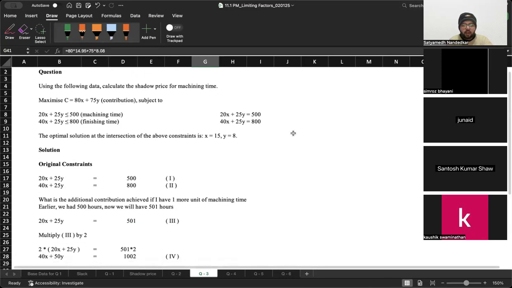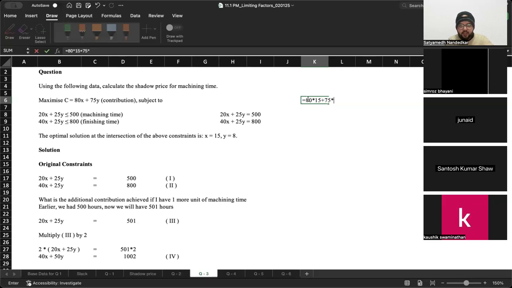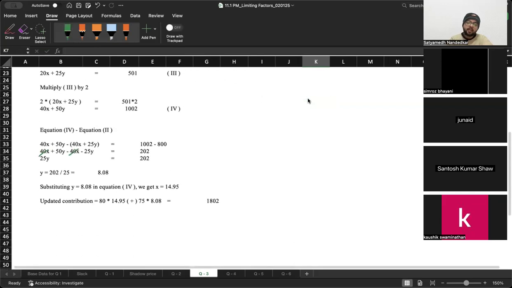Earlier you were getting how much contribution? You were getting 80 into 15 plus 75 into 8. You are getting 1800.